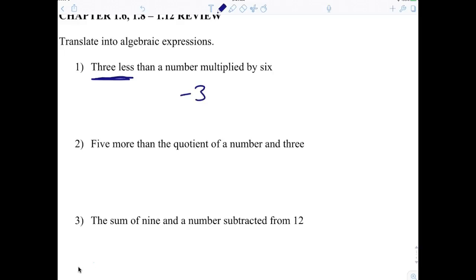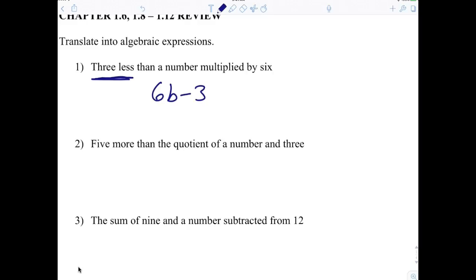And then I'm going to take a number multiplied by 6. So how do I write a number multiplied by 6? We'll do 6b. I like that. 6b minus 3. That's your answer.